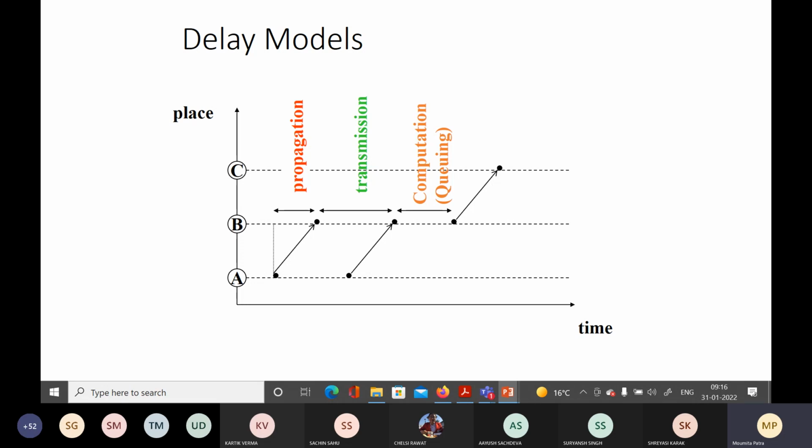Apart from that, for every packet we have three different delays: propagation delay, transmission delay, and computation or processing delay. And then we have our queuing delay.